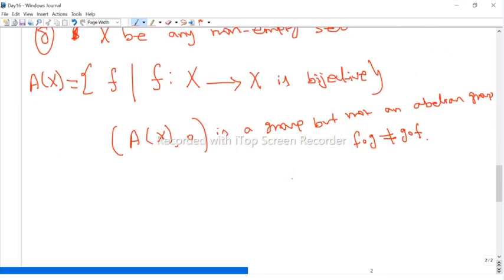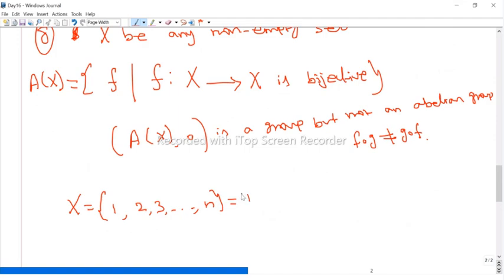Suppose this X is any set. Suppose X is a finite set, containing n elements. In the special case, X contains only n elements, which we call 1, 2, 3 and so on up to n.